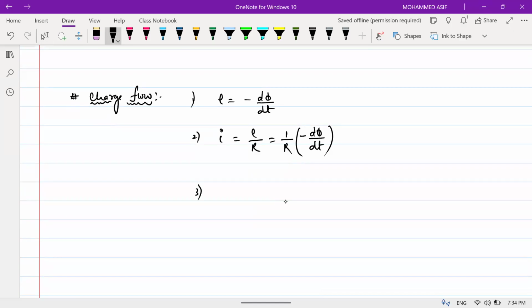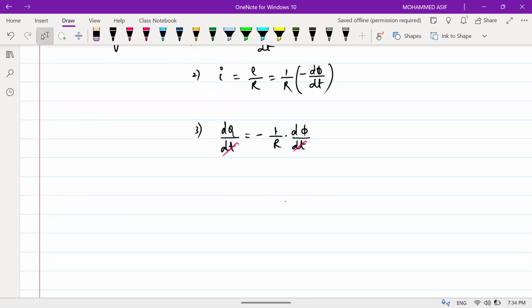What is the current in terms of charge? I equals dq divided by dt equals minus 1 by R into d phi divided by dt. Dt will get cancelled. So dq equals minus d phi divided by R. Charge is equals to flux divided by resistance.